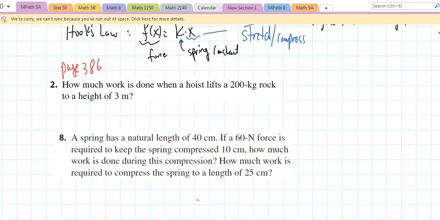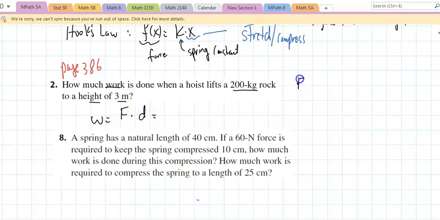So for now, they're saying how much work is done when a hoist lifts a 200 kilogram rock to a height of 3 meters. Work equals force times distance.